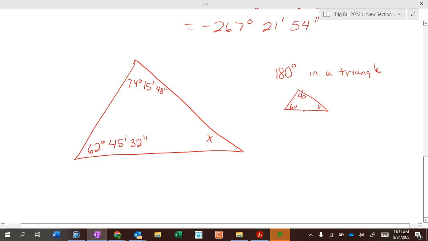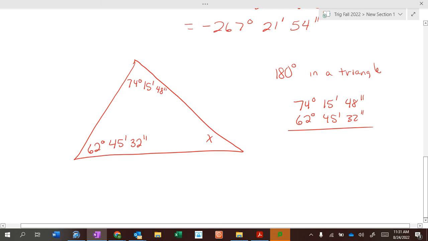You add them together and subtract it from 180. Well, you do the exact same thing. So you take the 74 degrees, 15 minutes, 48 seconds, and add it to 62 degrees, 45 minutes, and 32 seconds.